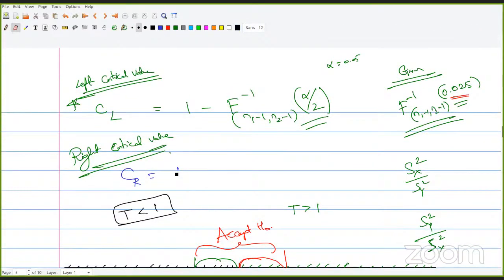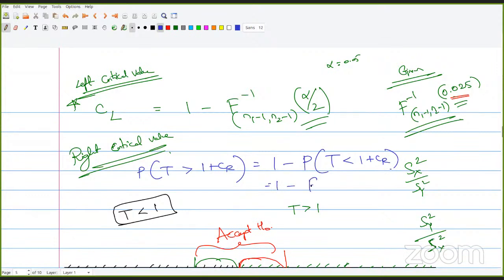This T follows the F distribution, so I can write it as 1 minus P(T less than 1 plus CR), which is 1 minus F(n1 minus 1, n2 minus 1, 1 plus CR), and this is alpha by 2.